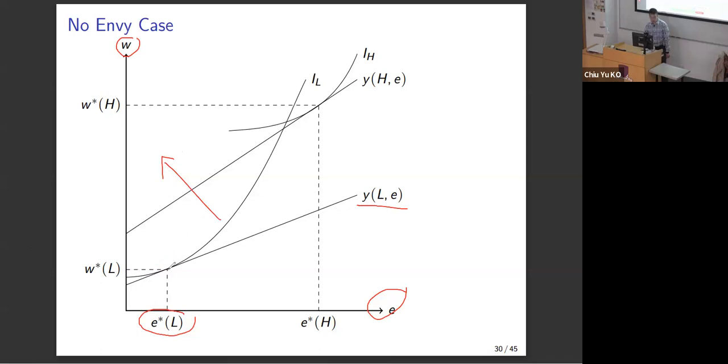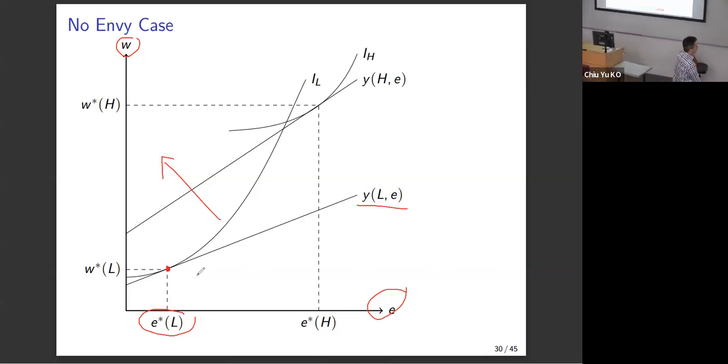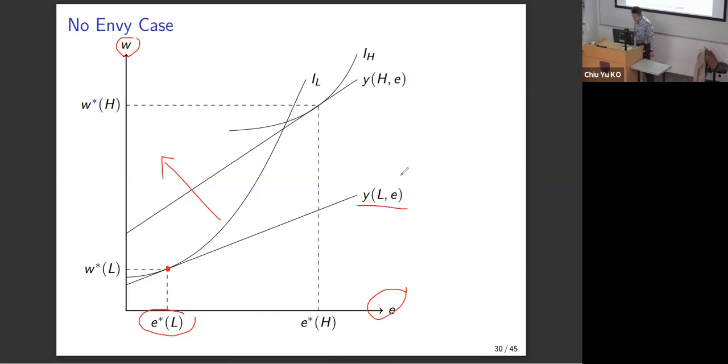If you are here, the tangent is the optimal condition for the low type. You get this wage, this is the education, and this is the wage the firm is offering, so you are happy and don't want to change. And the same for the high type.